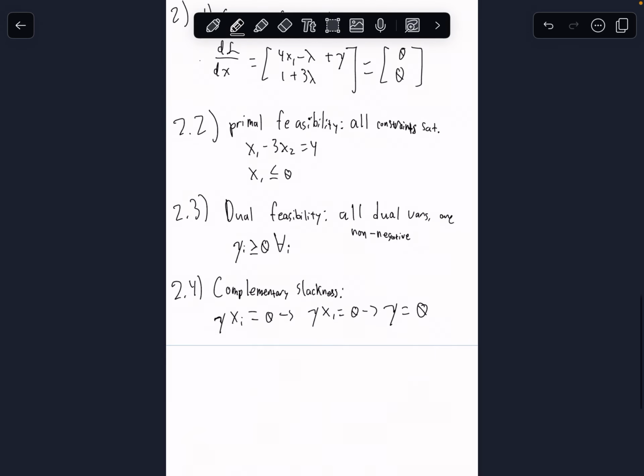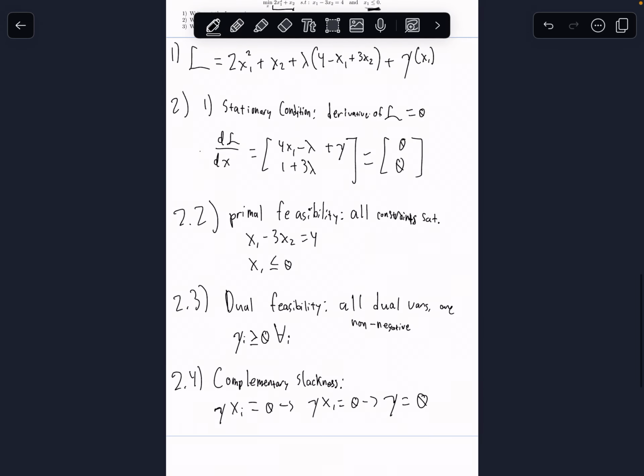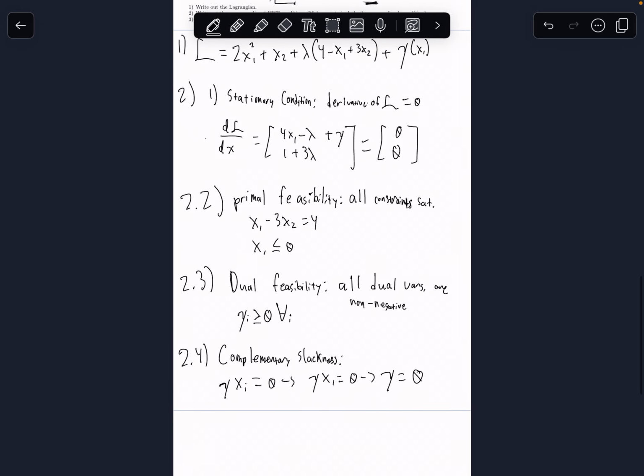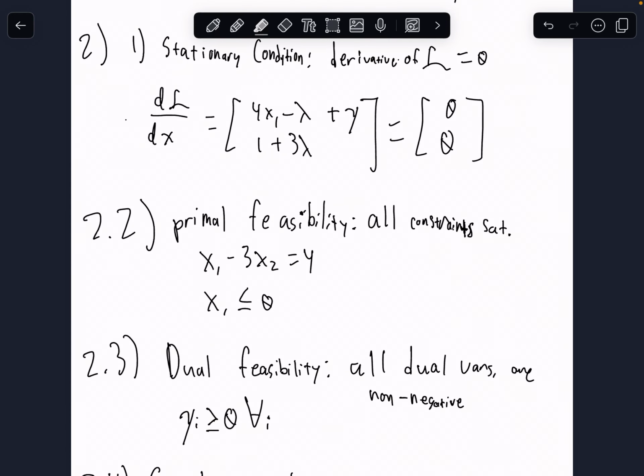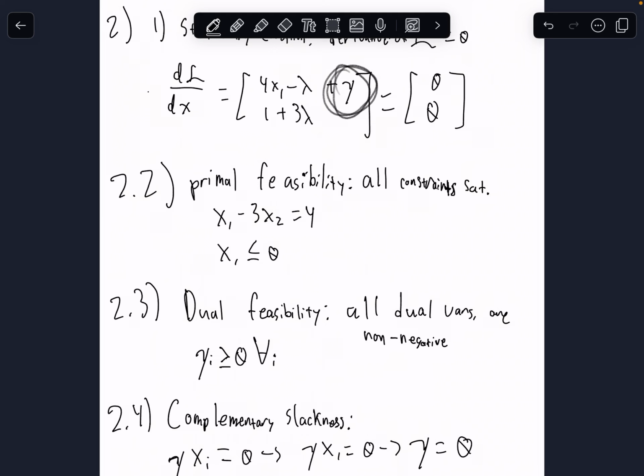And because gamma is 0, x1 can be anything, but that does satisfy complementary slackness. So we can plug in 0 there, and maybe we might get some interesting numbers.